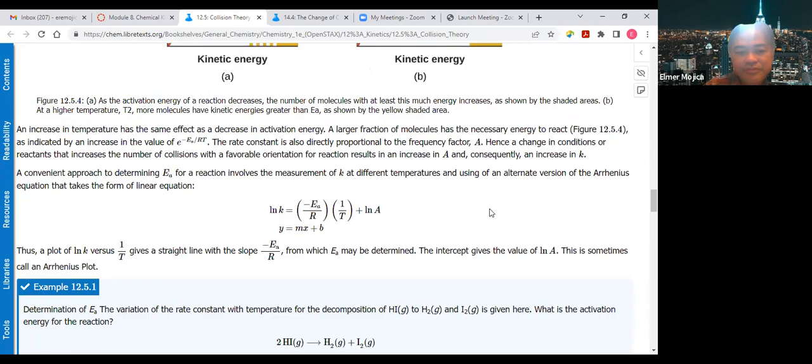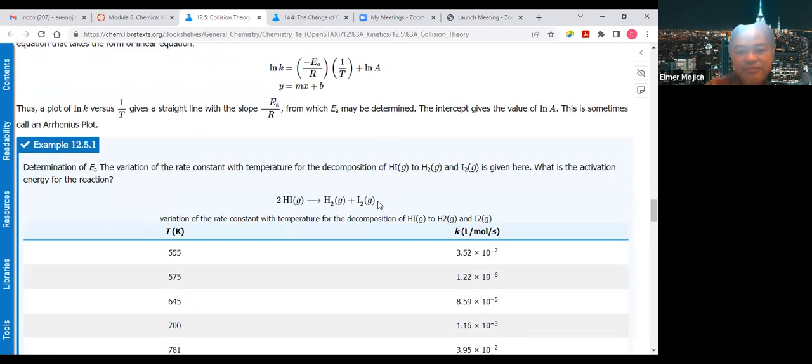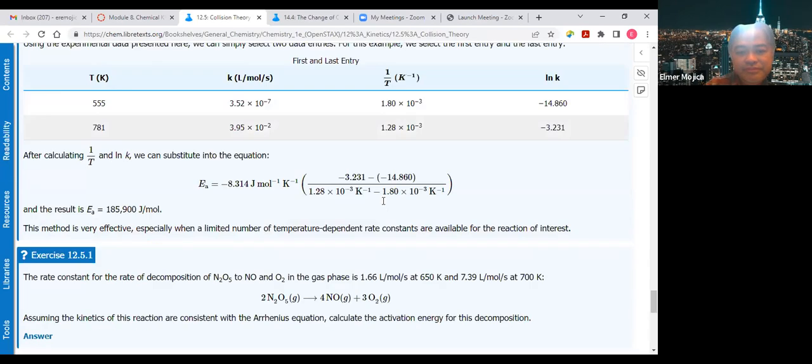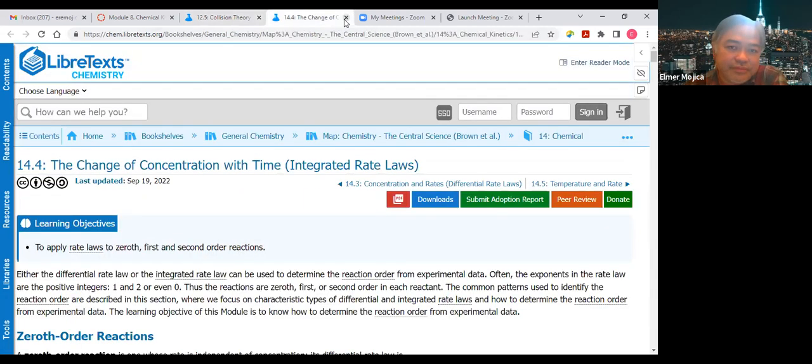So this is the formula that you have there. So this is what chemical kinetics is all about. Now, how deep it will be, well, it depends. Pero ang assurance ko lang sa inyo, yung quiz na ibibigay ko sa inyo, katulad din doon sa exam.